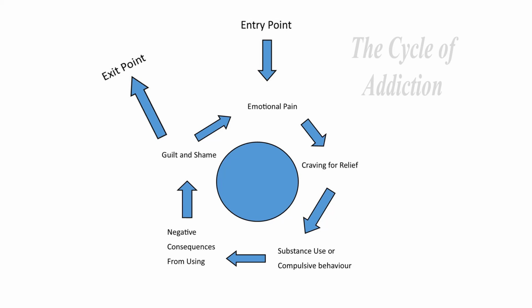And obviously in a therapeutic setting, we want to make sure that we're not relieving people's sense of guilt and shame, but helping them to look at those things and manage them so they can use them as a motivating force without being too overwhelmed. So that's a very brief look at the cycle of addiction.